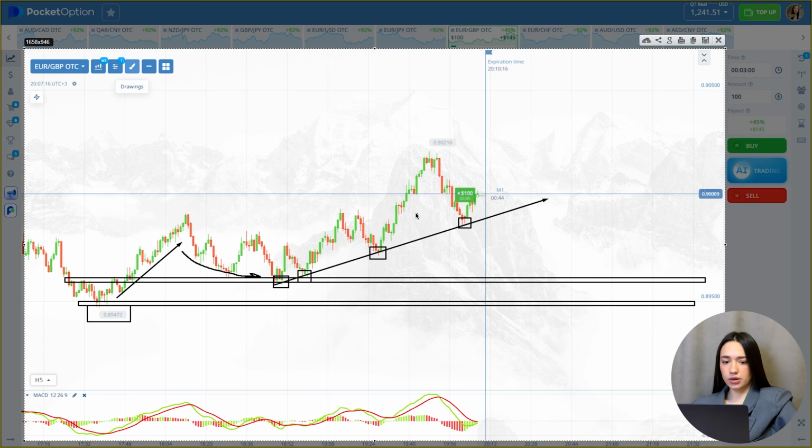And earlier we saw strong bullish momentum, then a pullback, and it's from this trend line that we open the buy trade. So this trade is not opened randomly. Here we are anticipating a potential MACD line crossover from bottom to top, and the histogram volumes are also approaching the zero level.